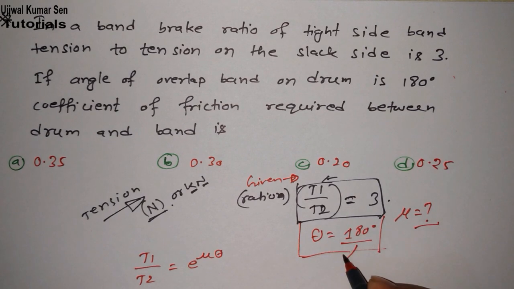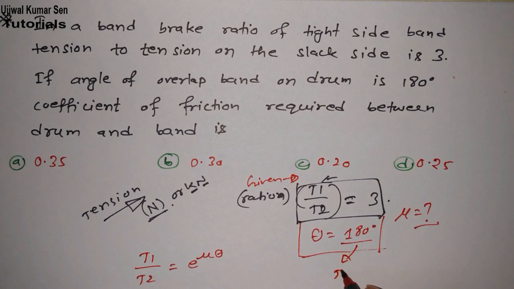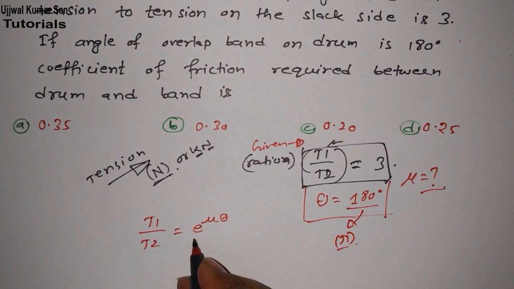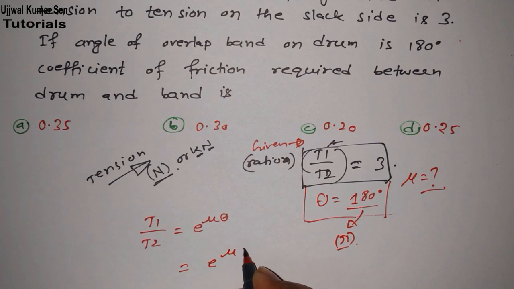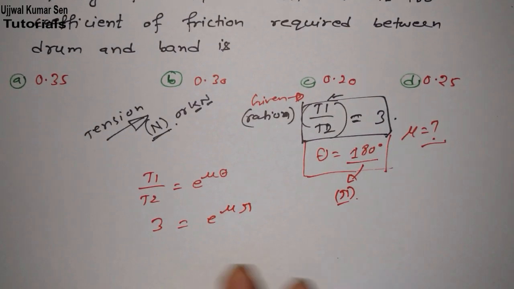Now they have given theta in degrees, I have to change it to radians, that is pi, right? So what we got here, T1 by T2 is equal to e to the power mu theta. So e to the power mu pi, and T1 by T2 is equal to 3. Apply log on both sides.